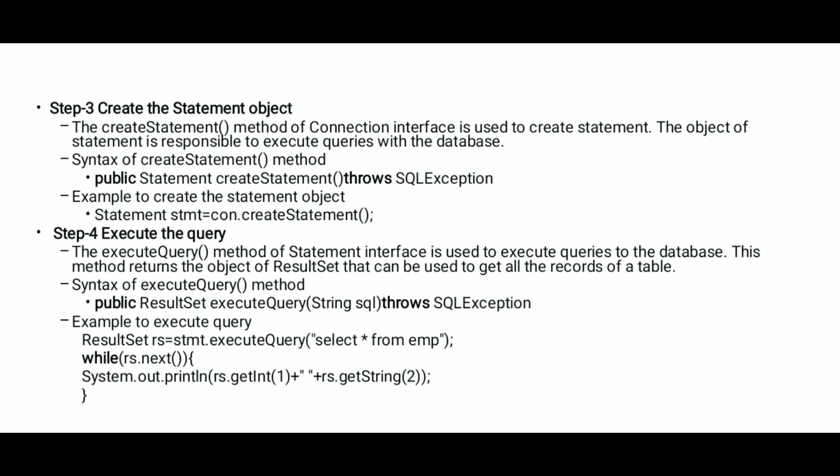There are two columns, containing integer and string type data. We fetch the data using the getter methods and passing the column number. So this is how to execute the query and fetch the result using the ResultSet object.